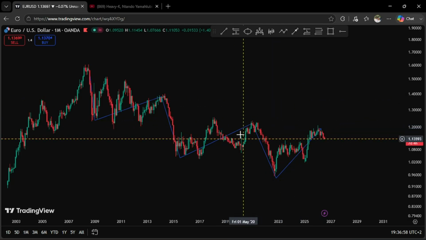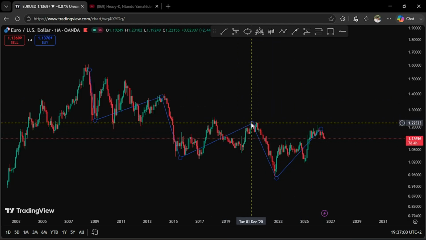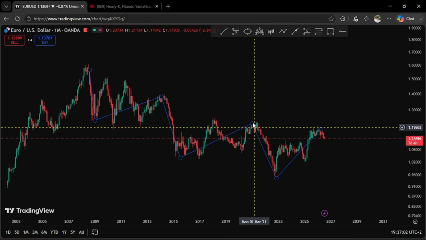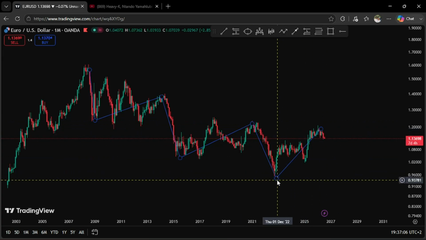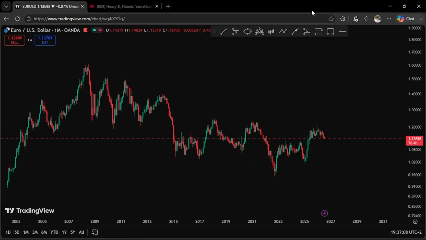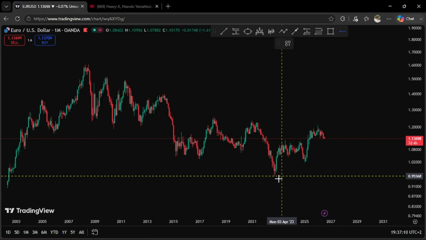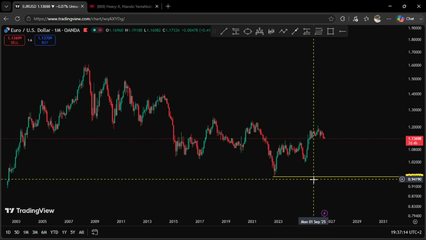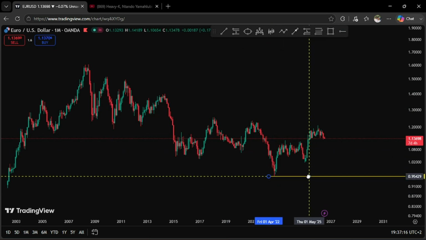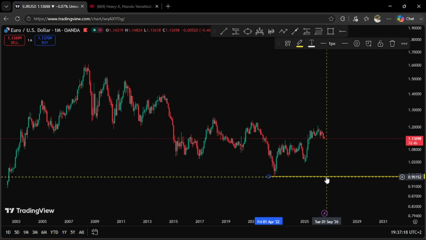It didn't break these. So this is what the other traders say: it didn't break our previous higher low. Now we're targeting this low. Targeting this low here, the target is this. Monthly target is done. We know the market will be coming down here.